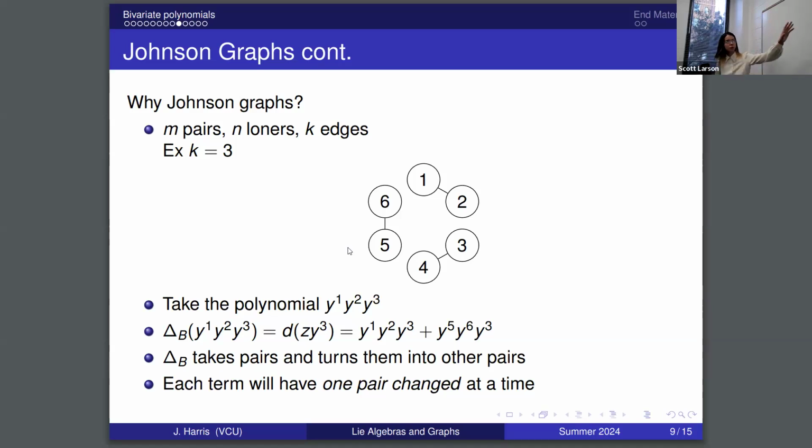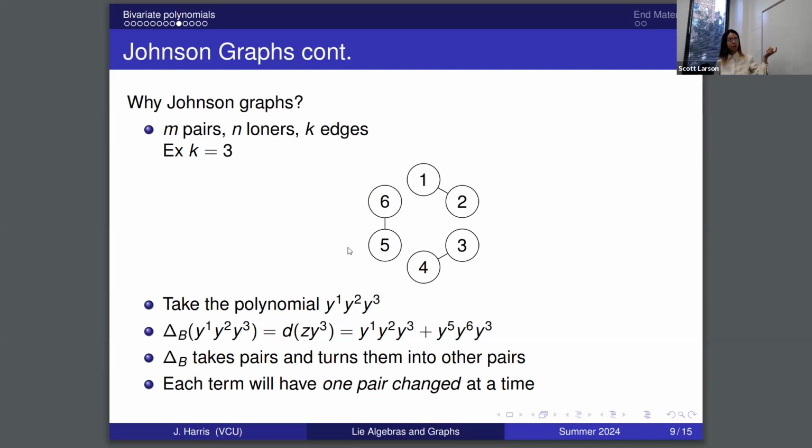When we apply the Laplacian, delta B, to that, it's not going to be as nice as before, where we got a nice diagonal matrix. But we do get a copy of what we put in, and also another polynomial where our pair has been replaced by another pair, 5, 6.